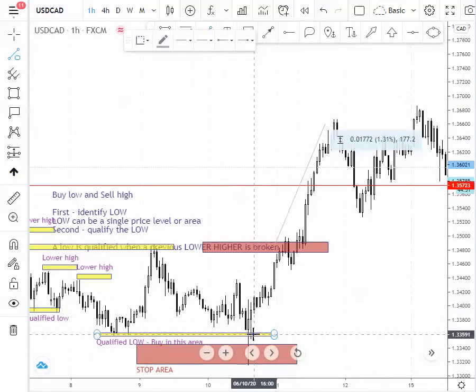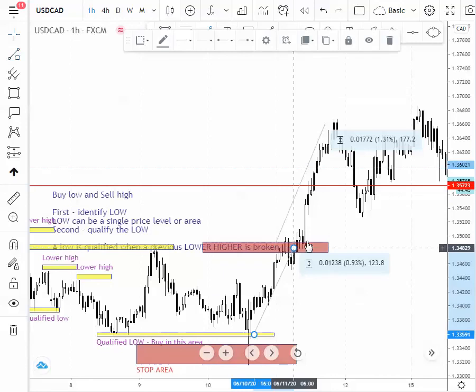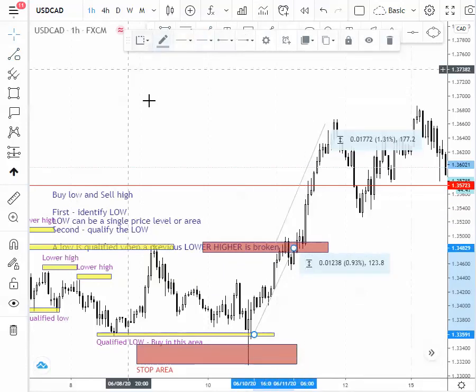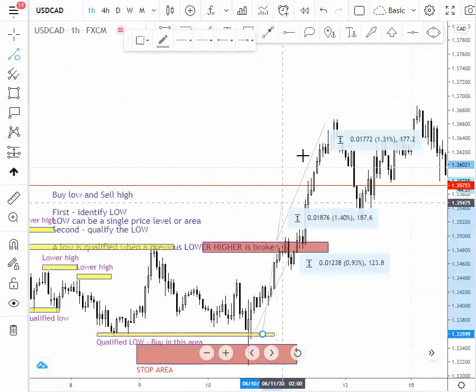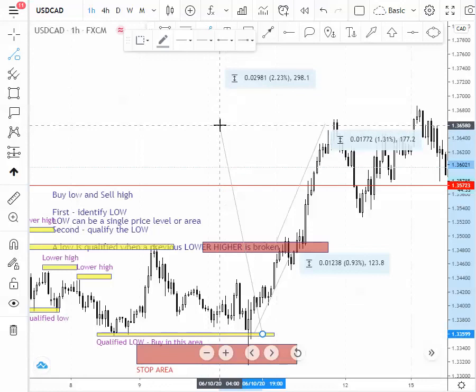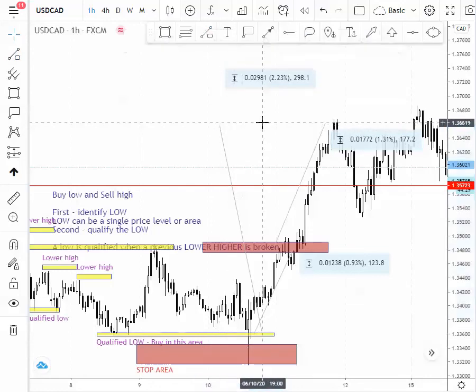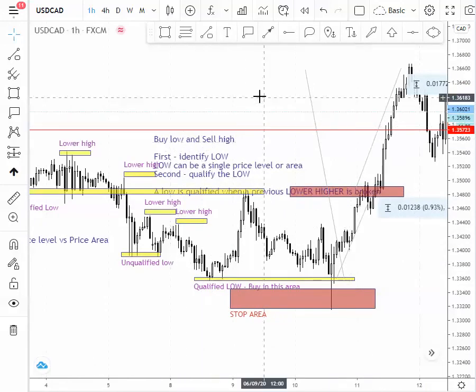You can see we entered in the yellow. We're looking at 123 pips there for the first target, and we're then looking at 298, 300 pips.